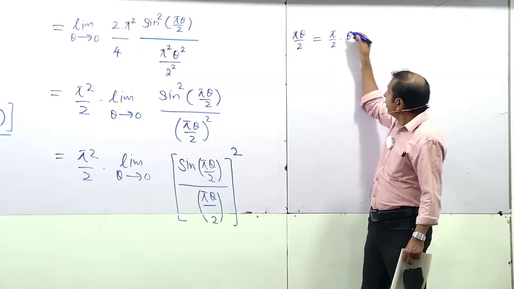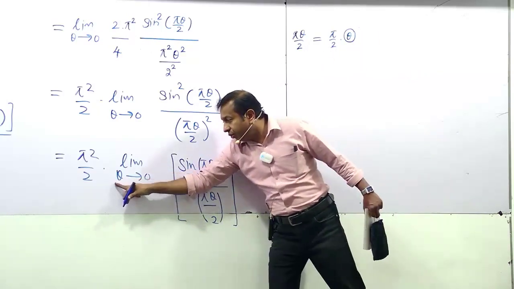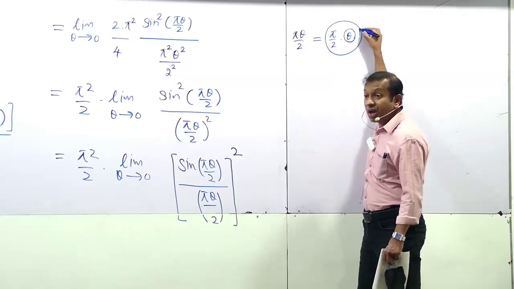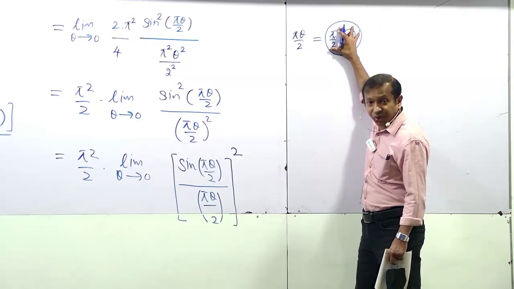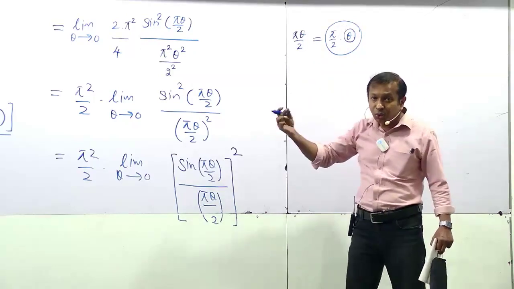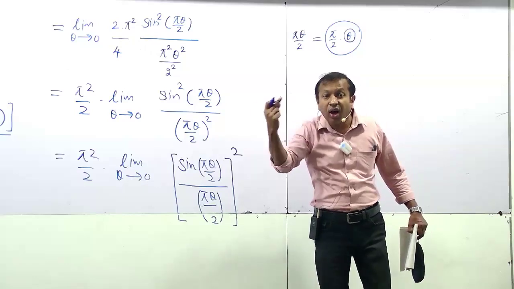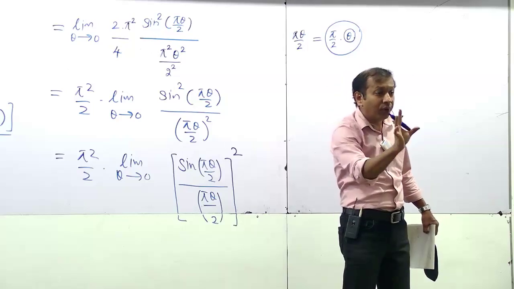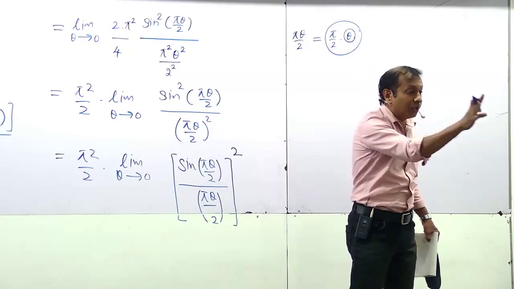Now see here, this theta is going to 0. Once this is going to 0, what can you say about this product? This product is also going to 0. That means pi theta by 2 is also going to 0. Earlier I told you x going to 0, half of x also going to 0. That means when something is going to 0, any multiple of that is also going to 0.